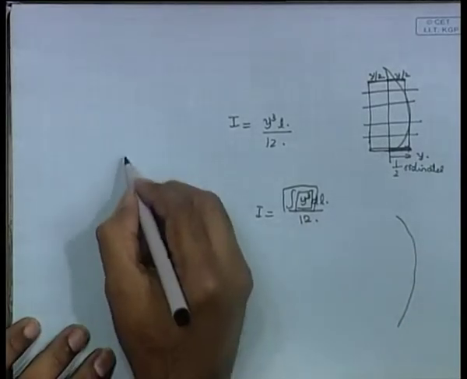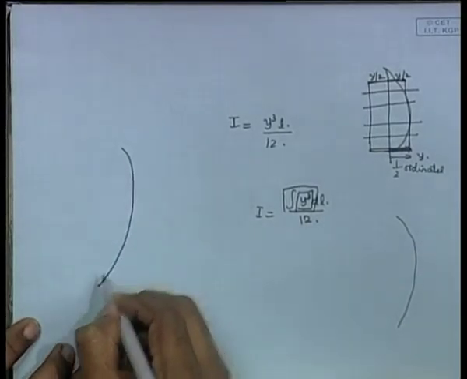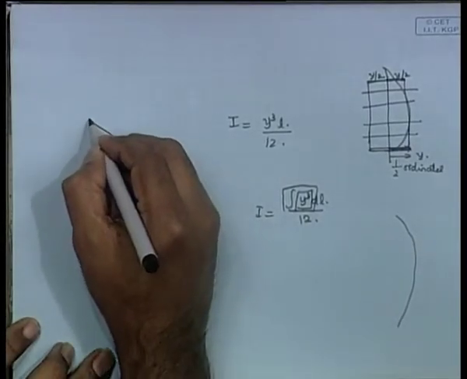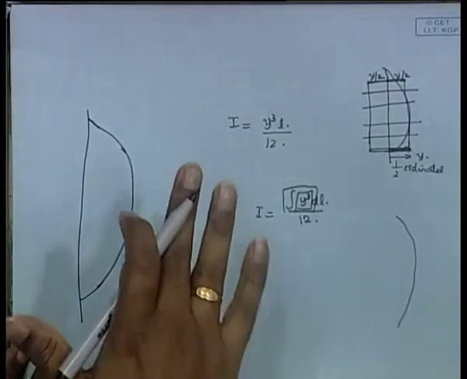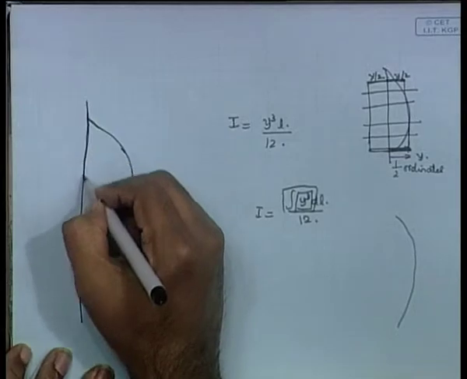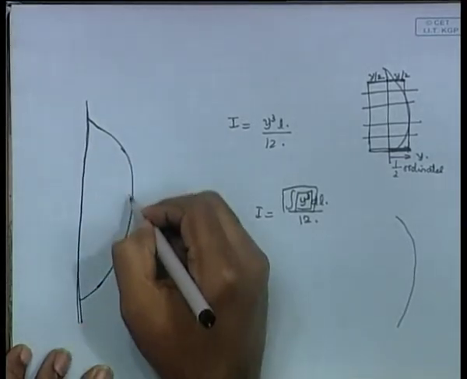Note that I'll just repeat if you want. What we want, the moment of inertia, is actually the I of this. If the ship is like this, this is of course the top view of the ship, this is the center line, and this is one half ordinate.